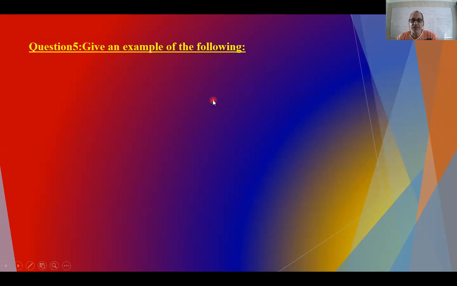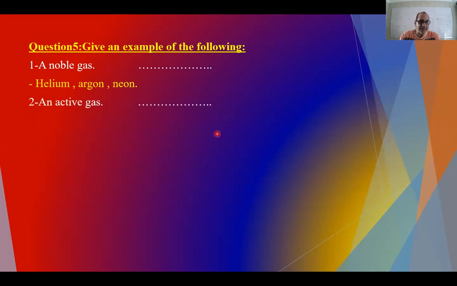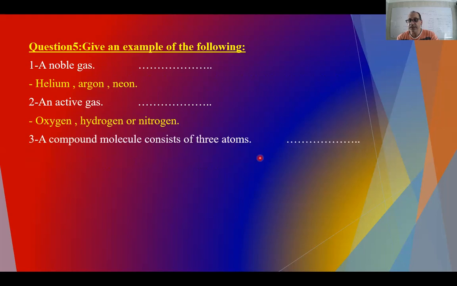Give an example of the following. A noble gas. You can tell me helium, argon, radon, krypton, any of these. Fine. An active gas: oxygen, nitrogen, hydrogen, no problem. A compound molecule consisting of 3 atoms.